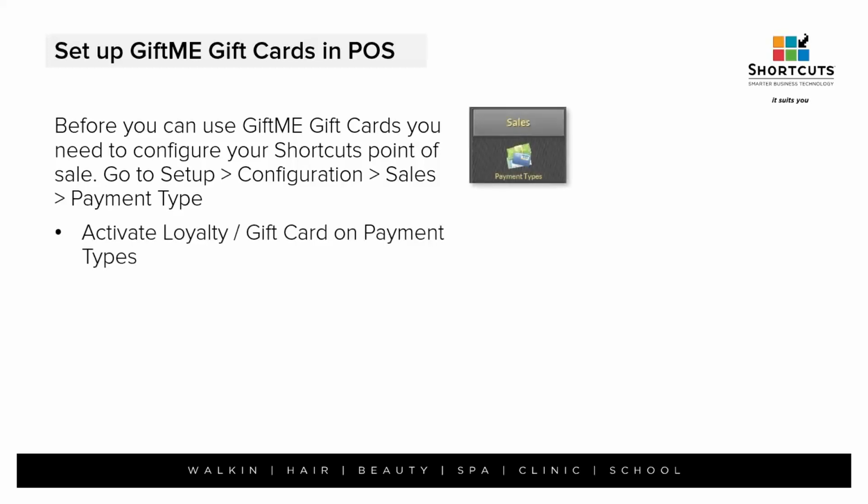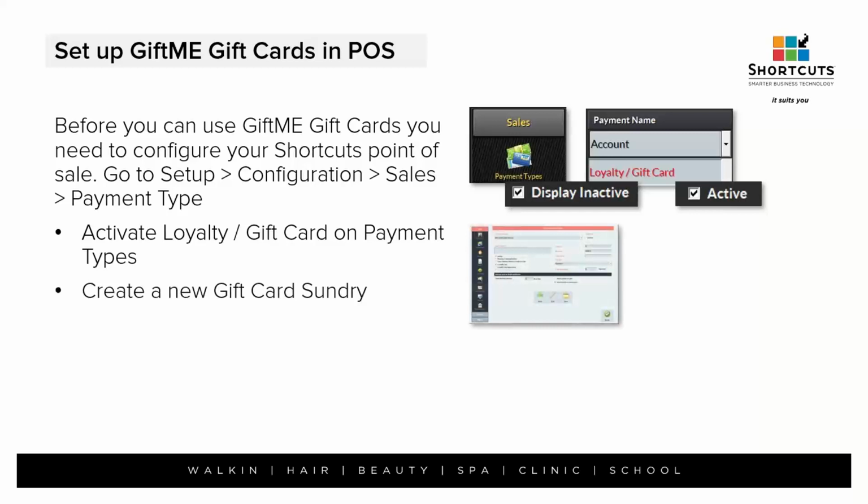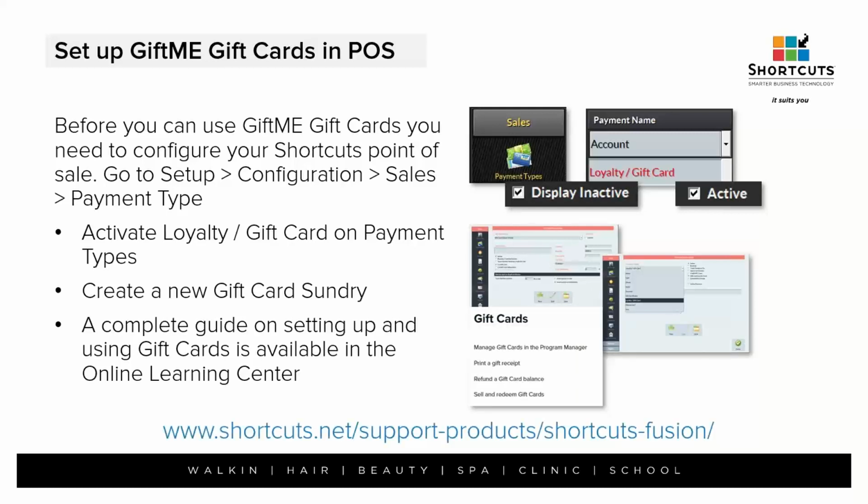So if you're going to start using reloadable gift cards, you have to actually set up that payment type. Now, we do have step-by-step instructions on our online learning center, but this is essentially where you would go. You're going to go to Setup Configuration, back to that Sales button, and you're going to go to Payment Type.